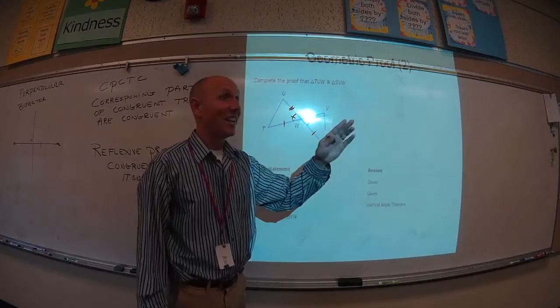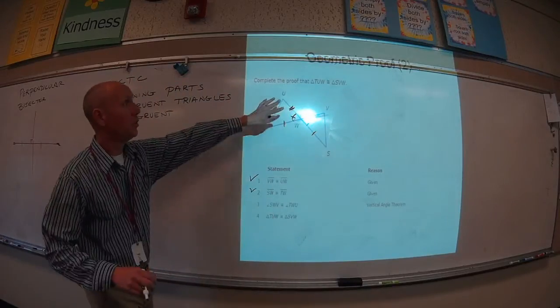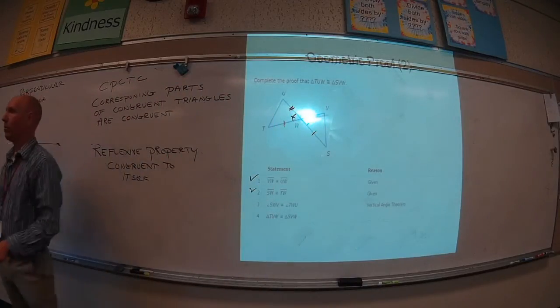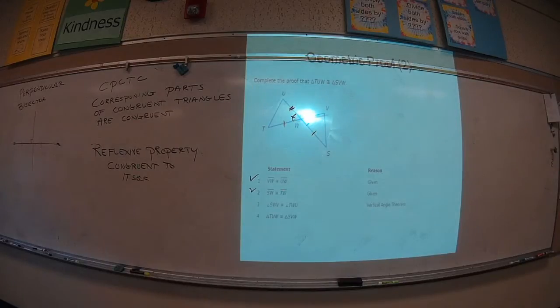Okay. Now, how do you know that the 2 triangles are congruent? Write that on your whiteboard. Good. That was pretty close.